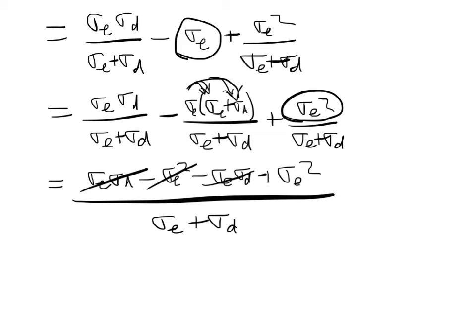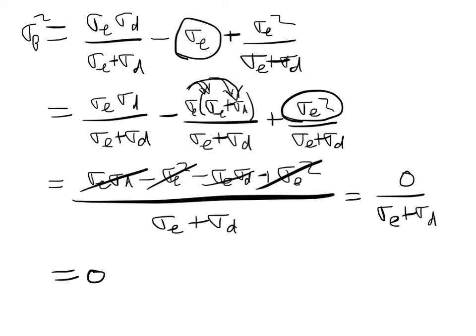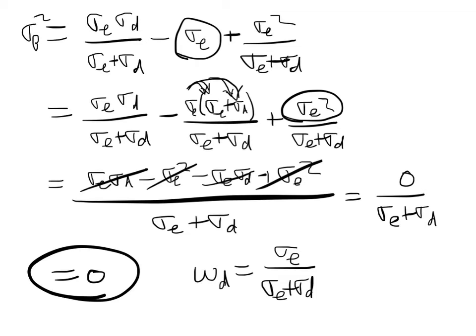That cancels, that cancels. That is 0 over sigma E plus sigma D, which is 0. Remember, all of this was sigma p squared. So now we have shown that when omega D is equal to this value, sigma E all over sigma E plus sigma D, then in fact, if you plug in and do all the math, you will achieve a portfolio variance of 0.